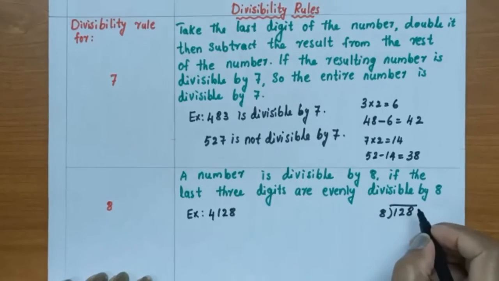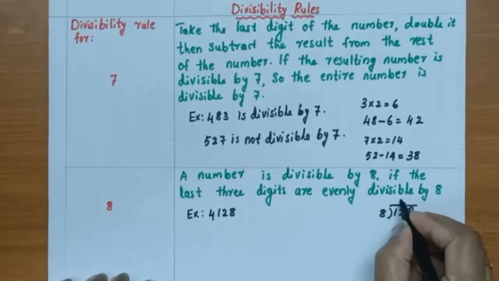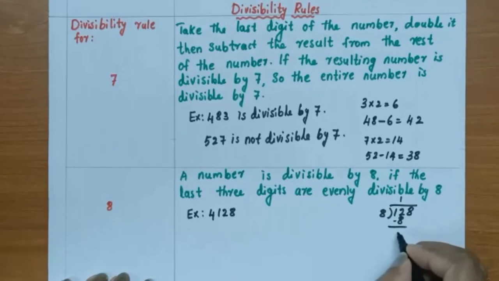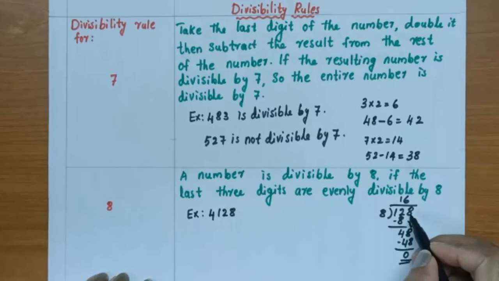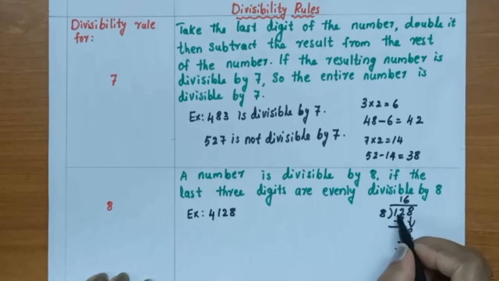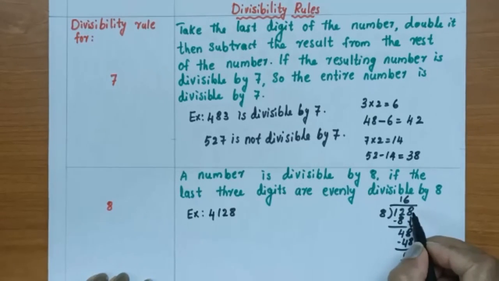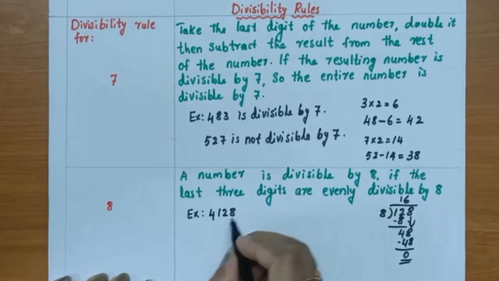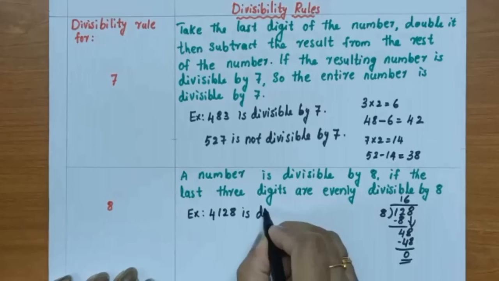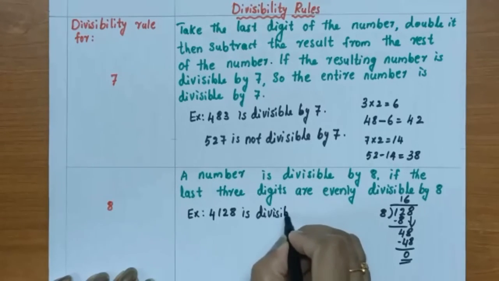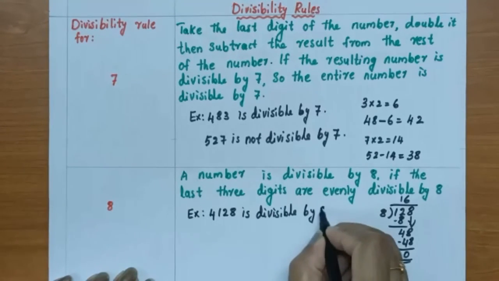We can divide 128 by 8. 8 ones are 8. 8 6s are 48. That means 16 multiplied by 8 will be 128. That means 128 is divisible by 8. So the entire number 4128 is divisible by 8.